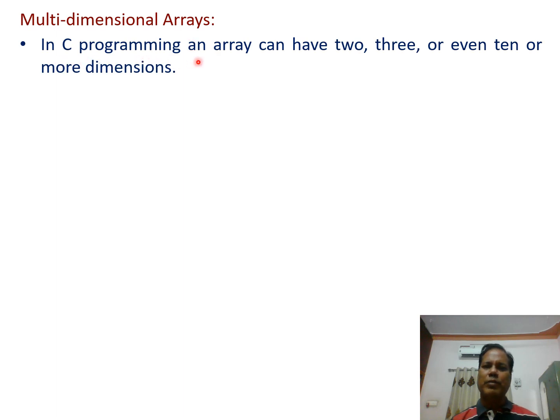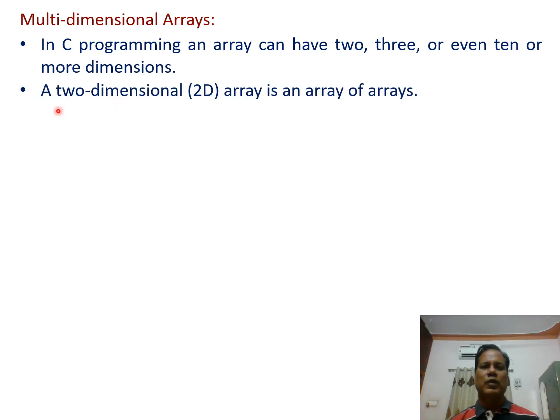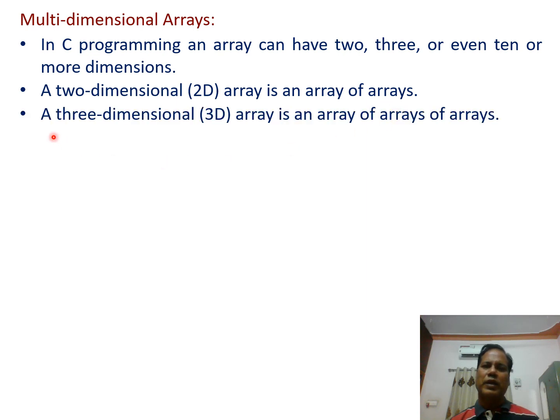Multi-dimensional arrays. In C programming, an array can have 2, 3 or even 10 or more dimensions. A two-dimensional, that is 2D array, is an array of arrays. A three-dimensional array is an array of arrays of arrays.